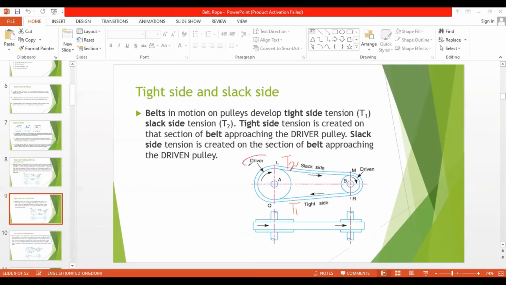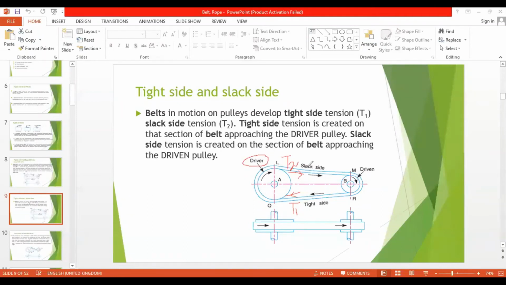So this is the driver, this is the belt part approaching the driver, and this is the belt part leaving from the driver. The driver pulley is pulling this part, and this side is leaving the driver, or the driver is pushing it.